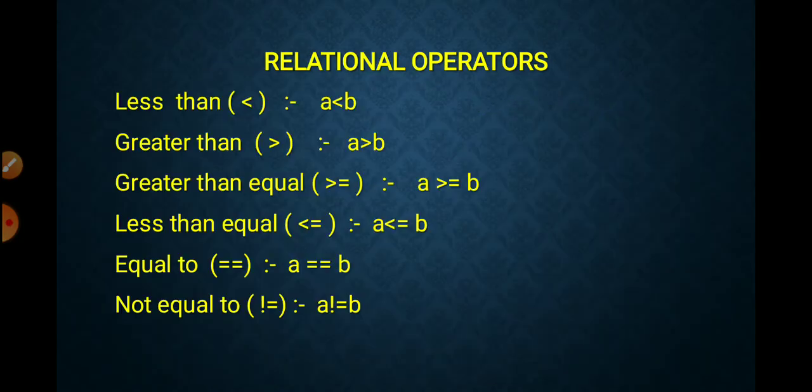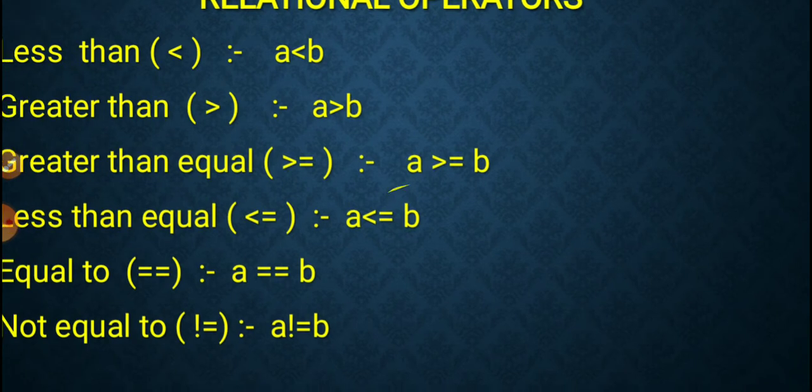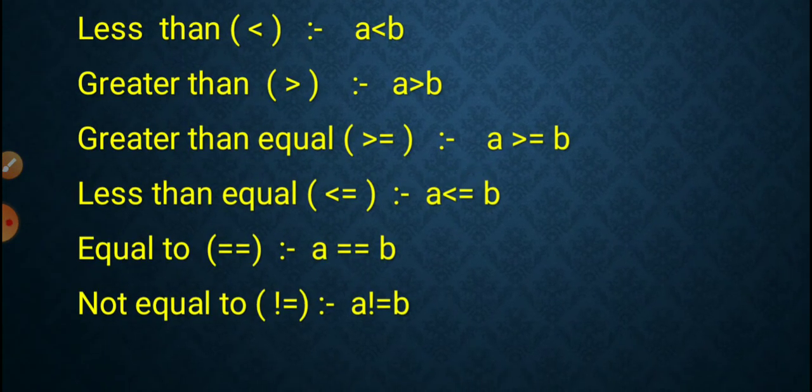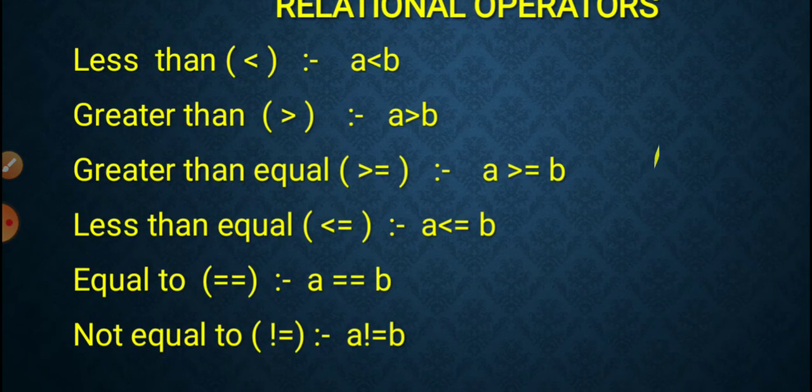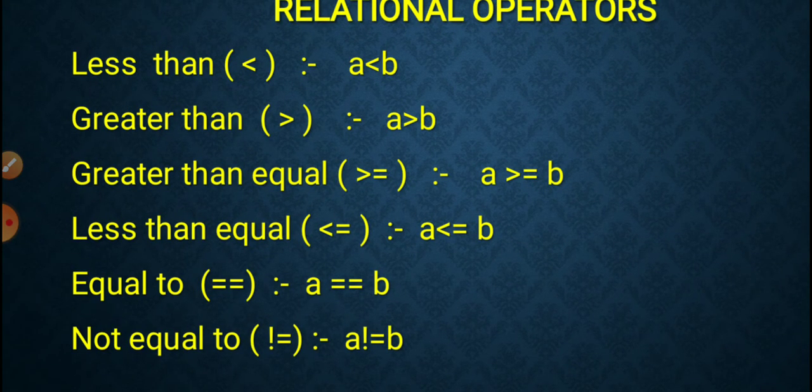Here some relational operators are less than, a lesser than b. Sometimes it is called comparative operators because we are comparing one value with another using this operator. A lesser than b, a greater than b, a greater than or equal to b, a lesser than or equal to b, a equal to b and a not equal to b.